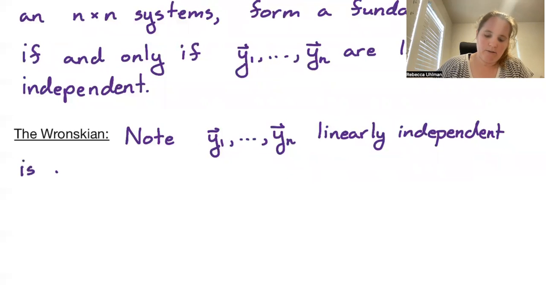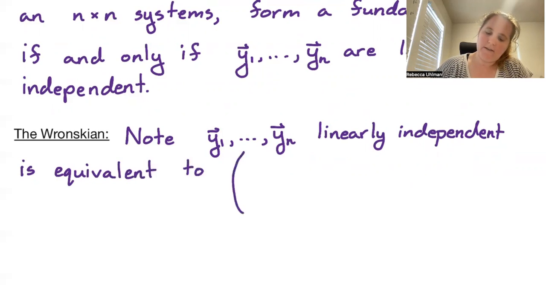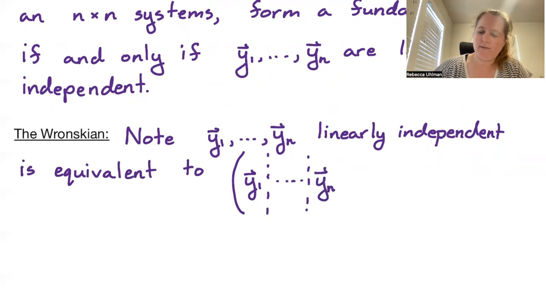This is equivalent to, if we take each column to be one of our solution vectors, so let's put y1 in the first column, and yn in the last column of a matrix, and multiply this by the vector c1 through cn.